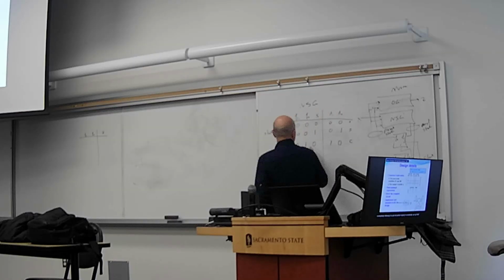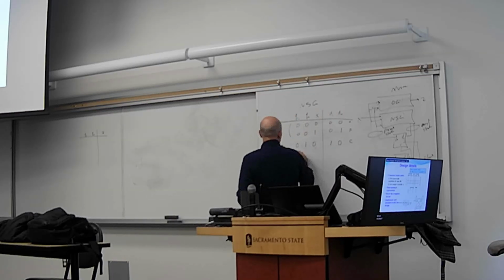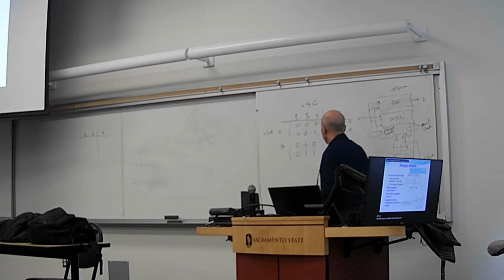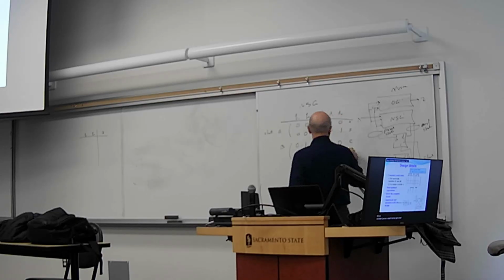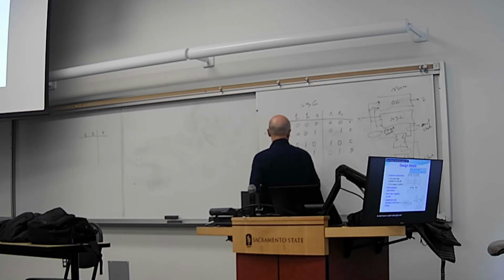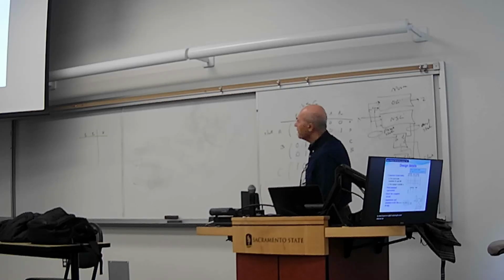Okay, so what if we are in state B and we get a 1? So that's going to be state B. Okay, now we go to state C. If it's 0, what do we do?